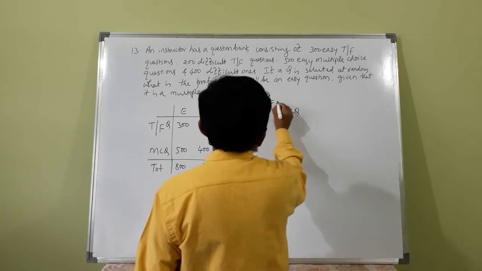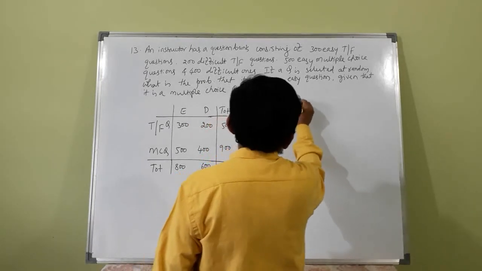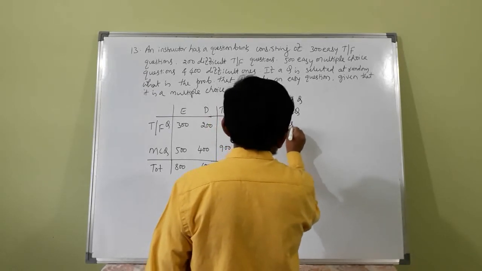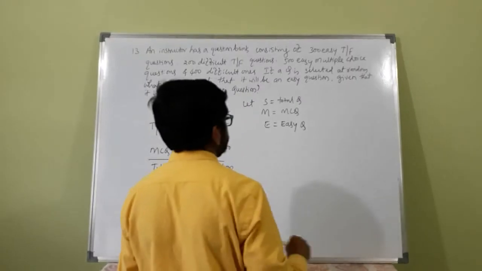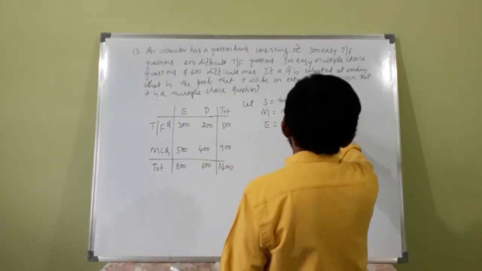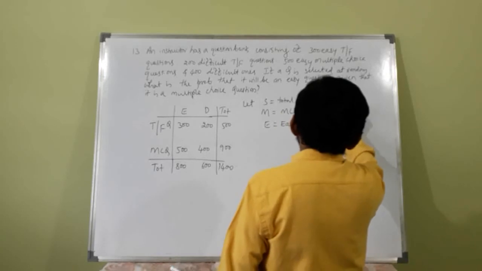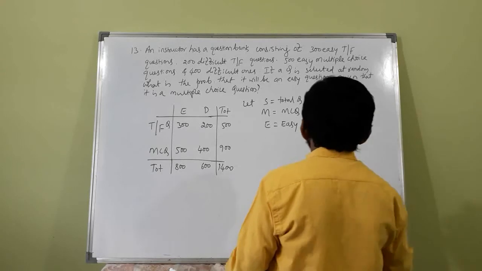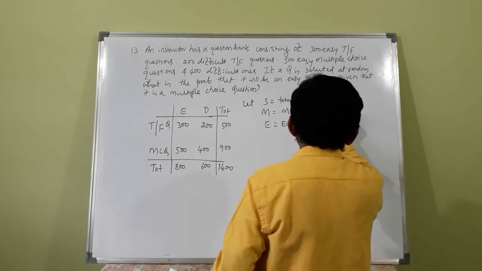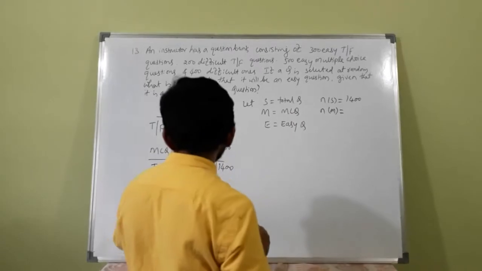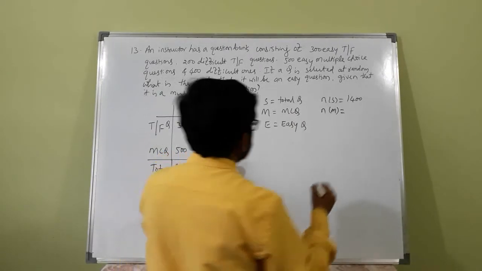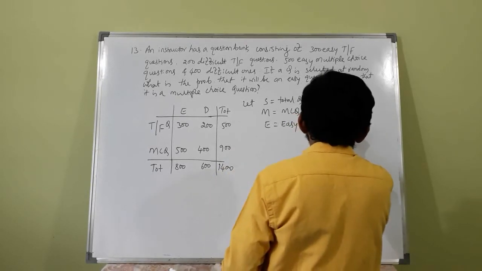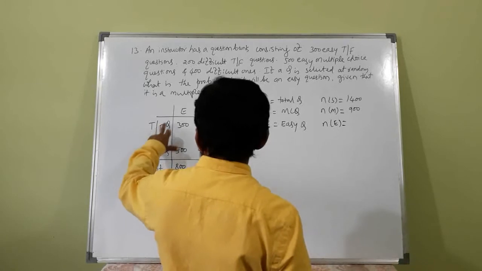S is total questions, E means easy questions. Now N of S is equal to totally 1400. Total multiple choice questions is 900. Total number of easy questions is 800.